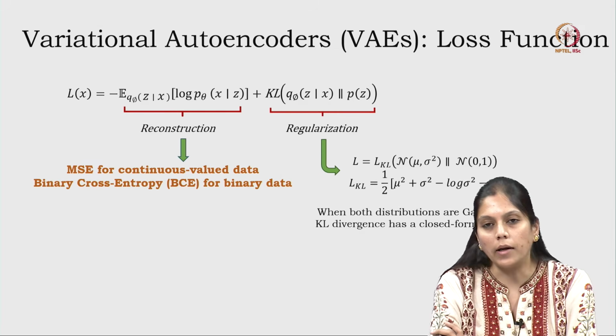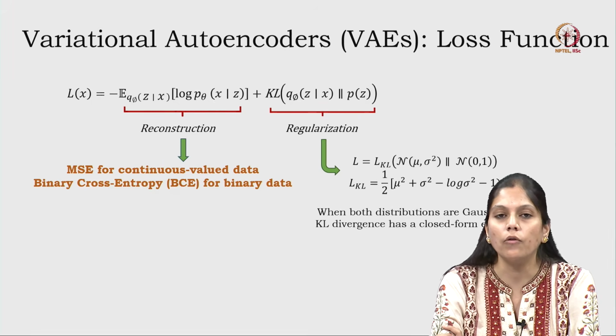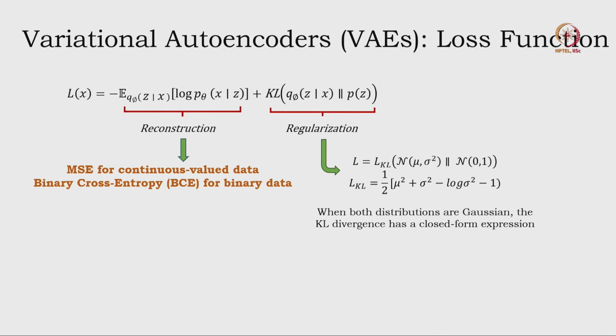So, we have already seen in our previous session that this is the loss function of VAE, which has two components. One is a reconstruction term and the second is a regularization term. What exactly is reconstruction? If we have continuous data, then this first term will be a mean squared error.